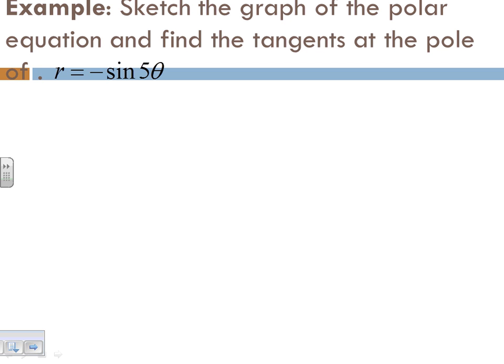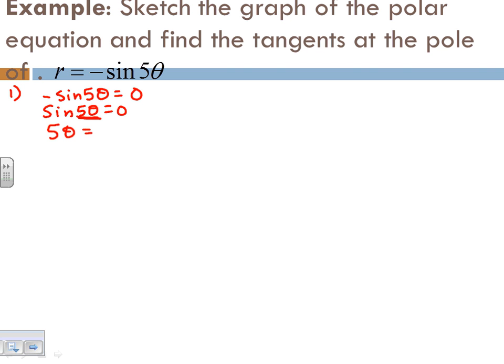So we're going to set our original equal to 0. So basically, it's where sine of 5 theta equals 0. So what values will I put in here that will give me 0?